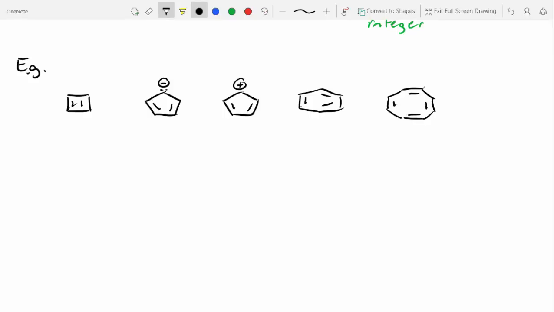First thing I always do is I try to count all of the electrons in that system, including the electrons that can be in a p orbital, whether that's already in a pi bond or a lone pair.